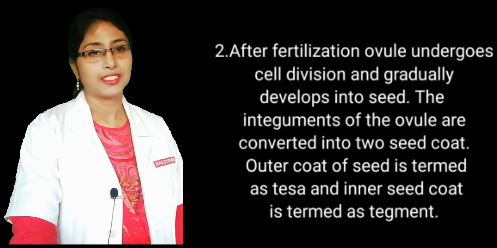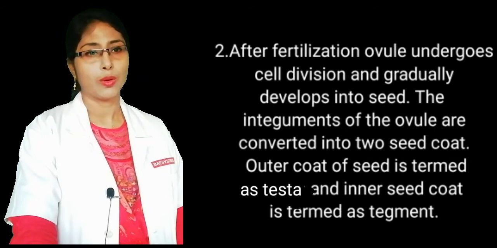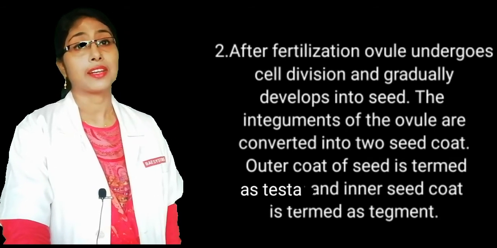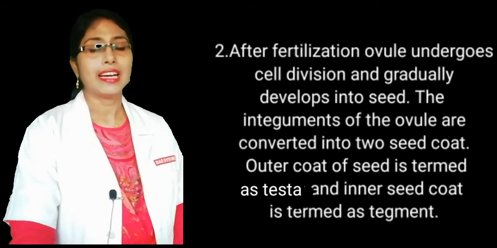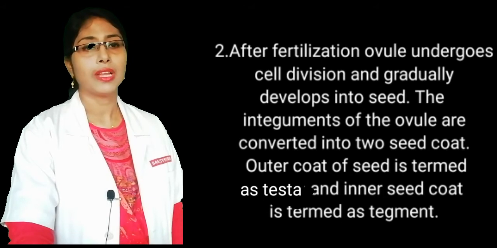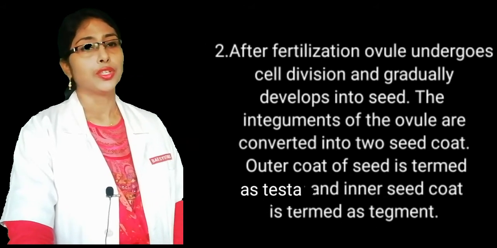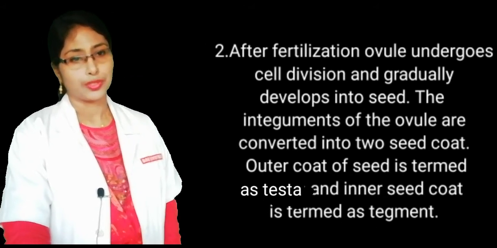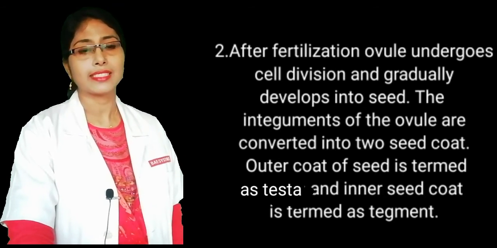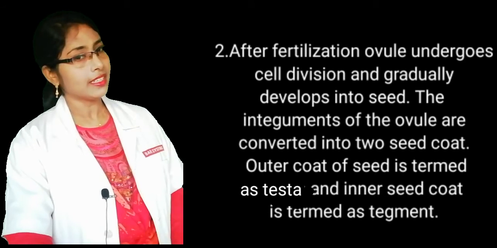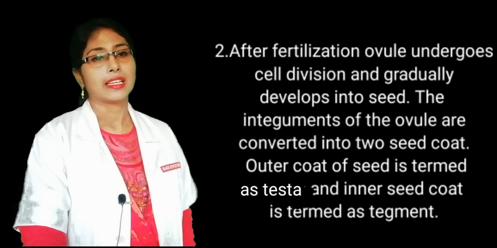After fertilization, the ovule undergoes cell division and gradually develops into seed. The integuments of the ovule are converted into two seed coats. The outer coat of the seed is termed testa, and the inner seed coat is termed tegmen.